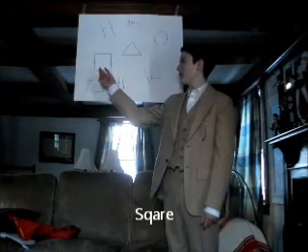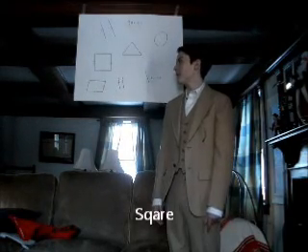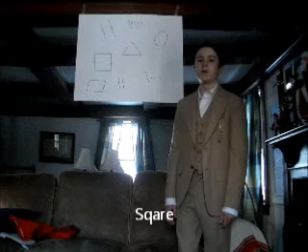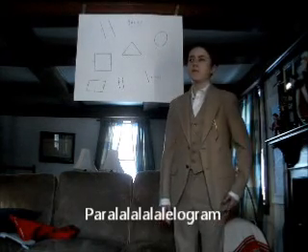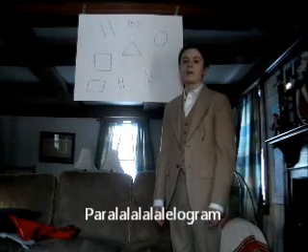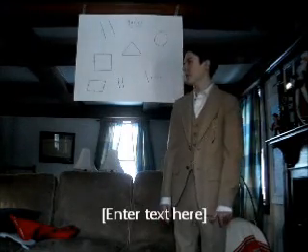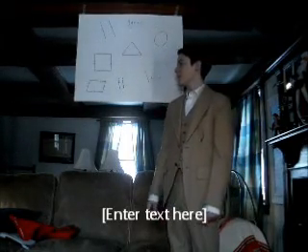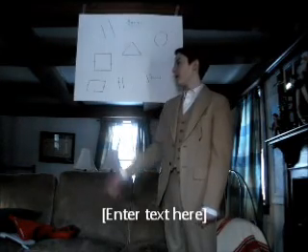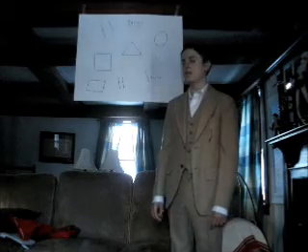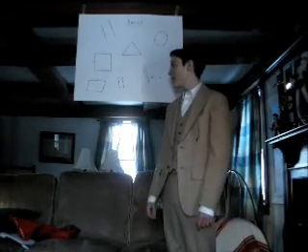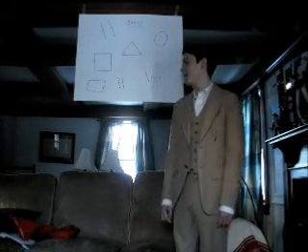Now this one's a square. Squares are pretty good, but a better word for a square is a parallelogram. Now this might get a little confusing, because all squares are parallelograms, but not all parallelograms are squares. Because right below it, you see I got another one. That's a parallelogram, but it's not a square because it's got a slanted line and another slanted line.